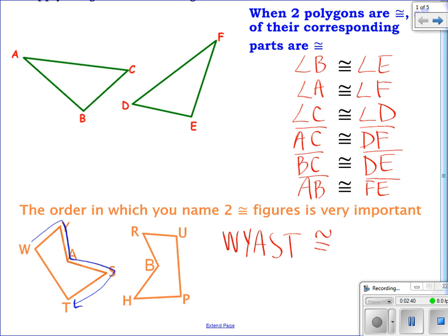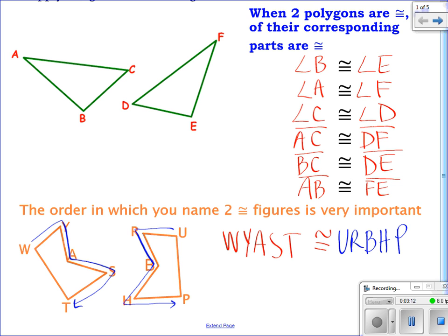So if this one was W, Y, A, S, T, what would the other one have to be? U, R, B, H, P. Okay, the reason that we want them in the same order is so that we don't even really need the picture in order to say which corresponding parts are congruent to one another.